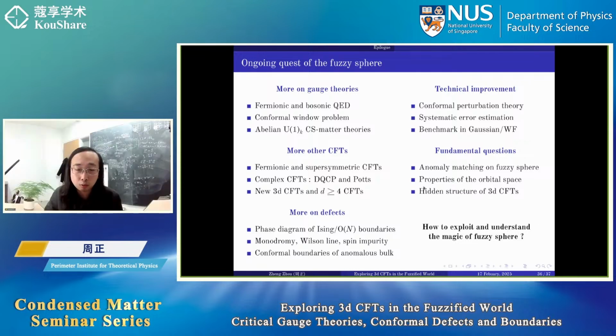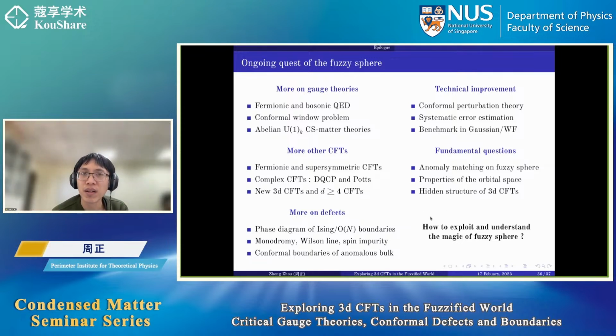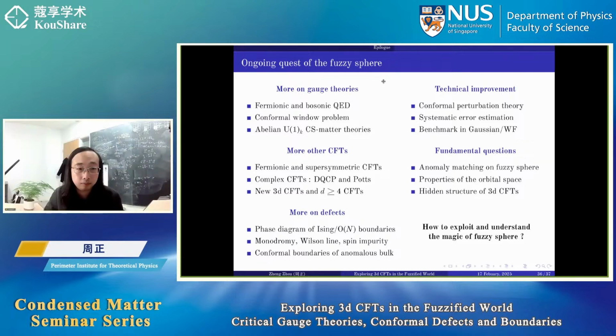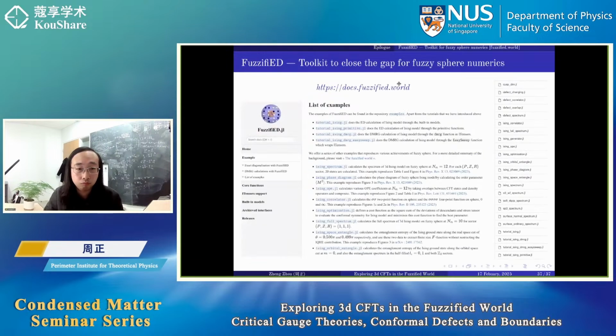I'm not so sure about the algebraic structure on the fuzzy sphere. I see. I just think it might be very interesting to explore the potential possibility of this fuzzy sphere approach beyond the framework of conformal theory. But maybe it is not yet really explored. Yeah, thanks.